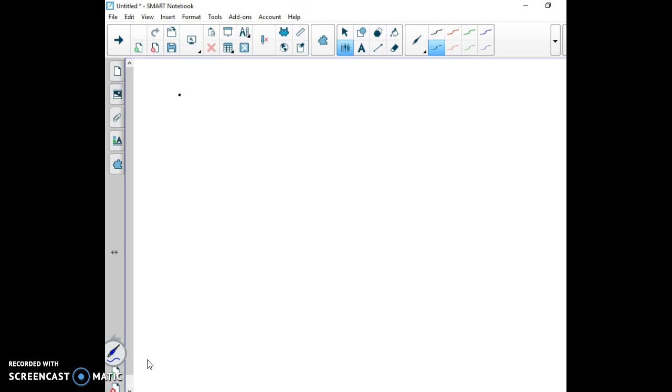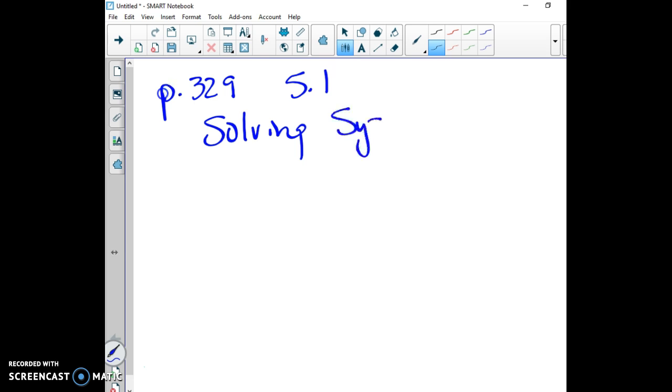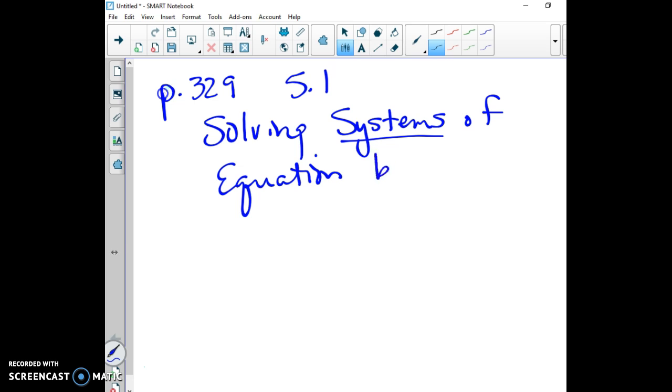We are on page 329, and we are looking at lesson 5.1, the title of which is Solving Systems. Here's a new word for us: systems of equations. And we're going to use the strategy by graphing.